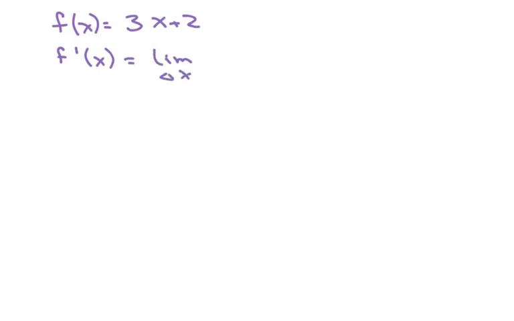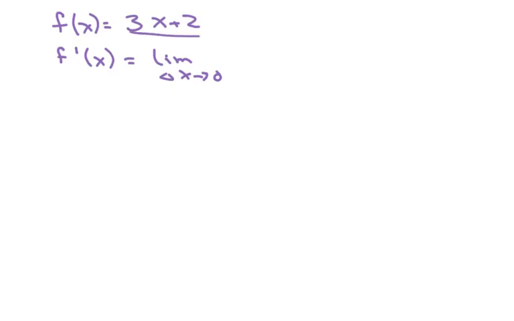And the last one is, let's see, f of x equals 3x plus 2. So that's going to be the derivative of x equals the limit as delta x approaches 0.